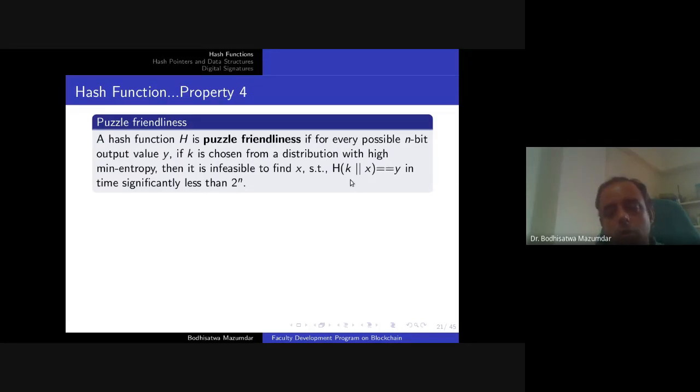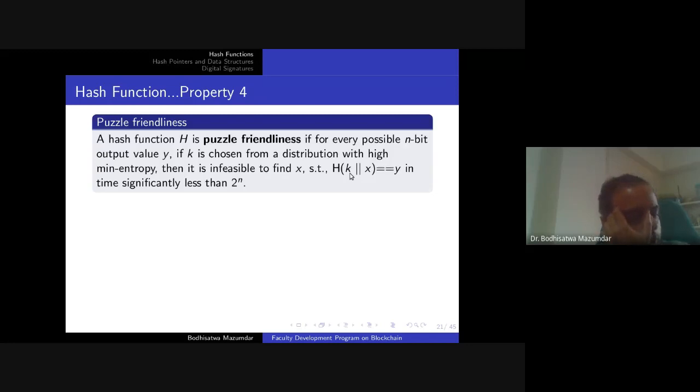For instance, the problem here is that an attacker is given the output sample space, that means from what sample space this output is chosen. Even though the sample space is small, this x is the input to this hash function which an attacker wants to obtain. But this small input sample space x is appended with an input from a high min-entropy distribution.